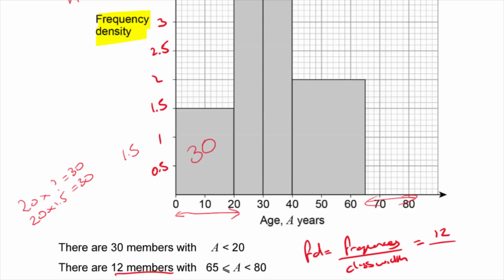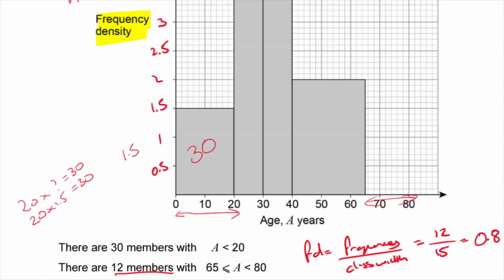The class width is from 65 to 80, that's 15. So then the frequency density is going to be 12 divided by 15, which is unhelpfully 0.8. Doesn't fit on our scale very nicely, does it?